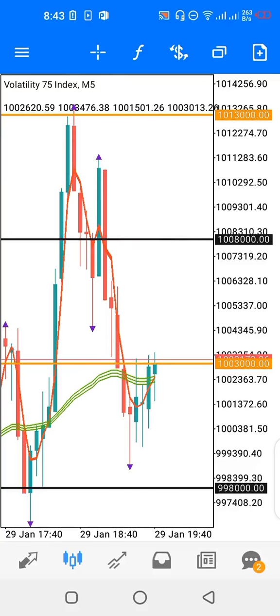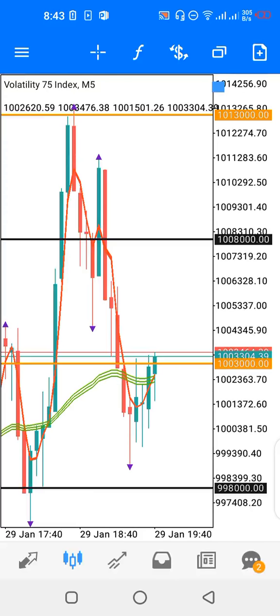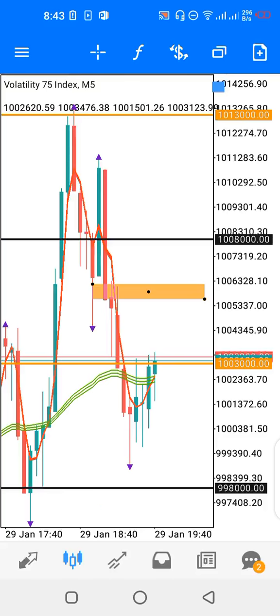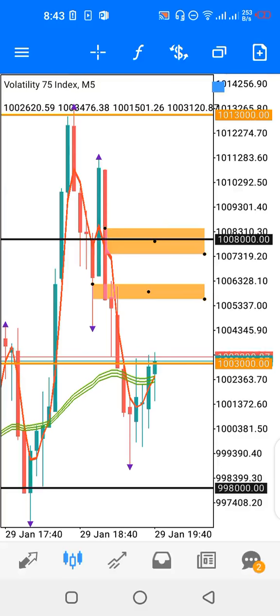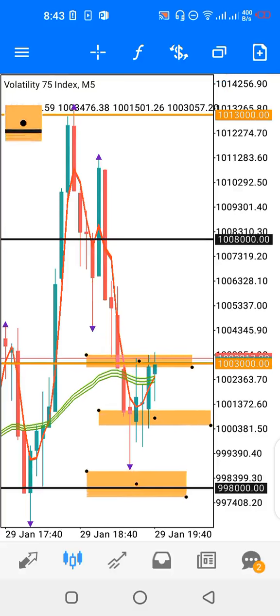So if I'm going to take another set of trade, I will allow price to get to around here, then I will set my pending orders here and here. Or I'll allow price to get to the middle here before I set my pending orders here and here.